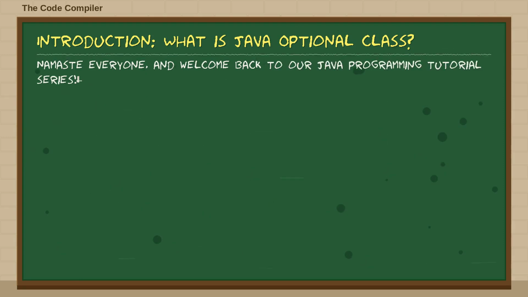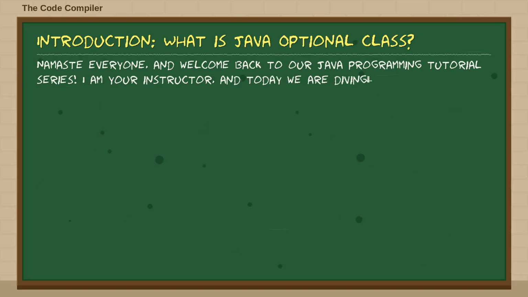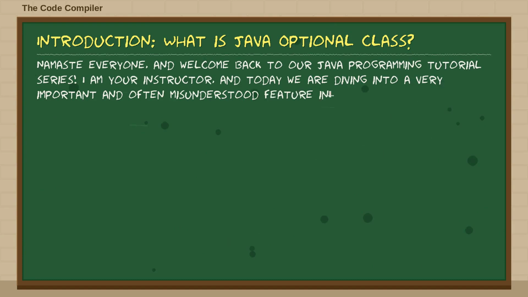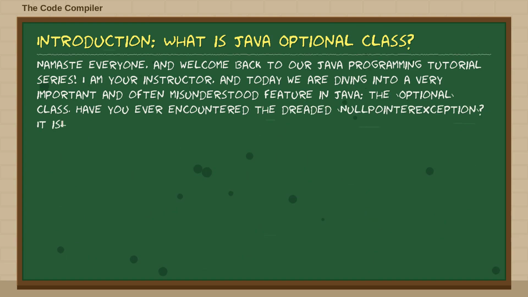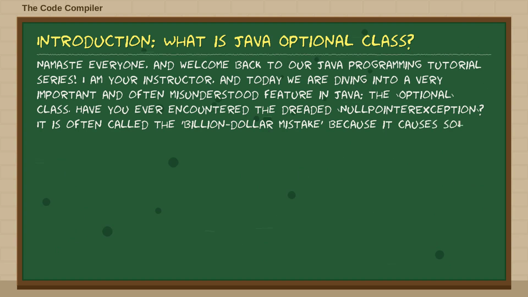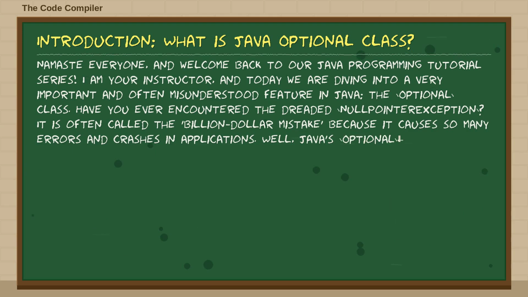I am your instructor, and today we are diving into a very important and often misunderstood feature in Java, the Optional class. Have you ever encountered the dreaded null pointer exception? It is often called the billion-dollar mistake because it causes so many errors and crashes in applications.